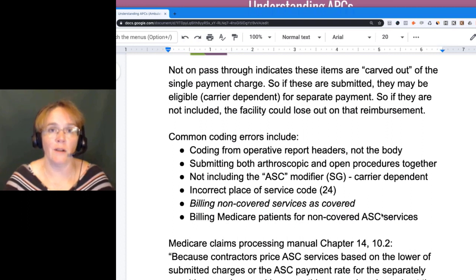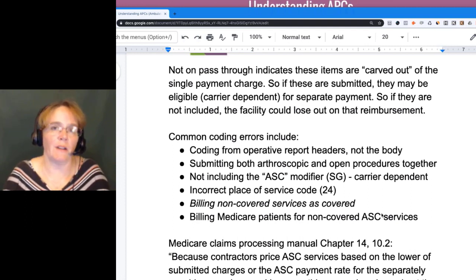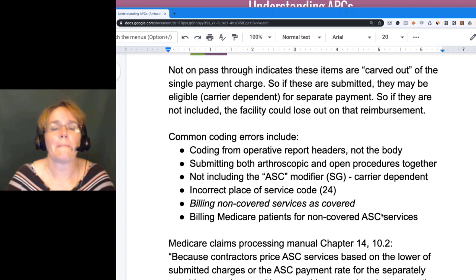They say, oh, they did an arthroscopic knee scope of the medial tendon. Well, okay, so that's what I'm coding. Well, once they read the note, they go, oh, wait, they did the ACL, the PCL, and the MCL. Well, that's something totally different then. But that didn't say that in the header. The header is usually their intended procedure, but that doesn't mean once they got in there, that's what they actually did.